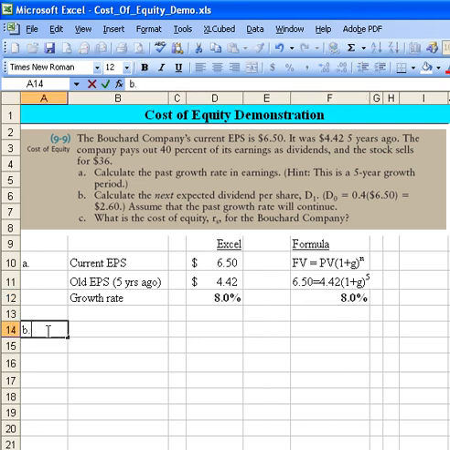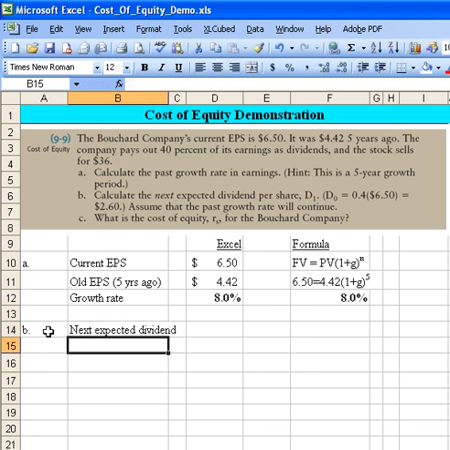Now let's look at part B, which asks us what's the next expected dividend per share. Okay, so we can type in next expected dividend per share. And what do we know here? Well, we know that there's a 40% dividend rate, and the current earnings per share is $6.50.